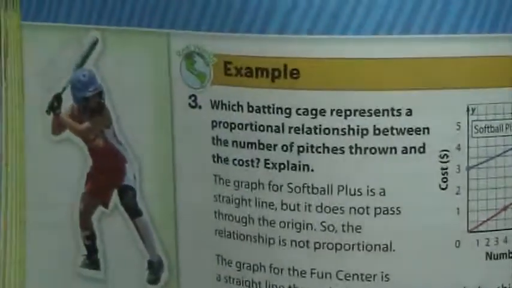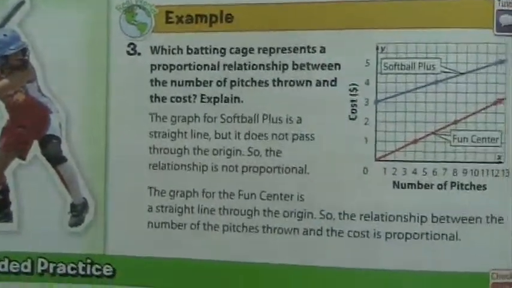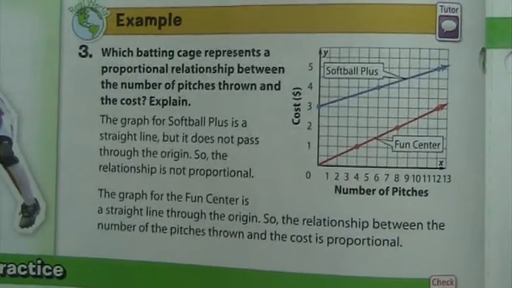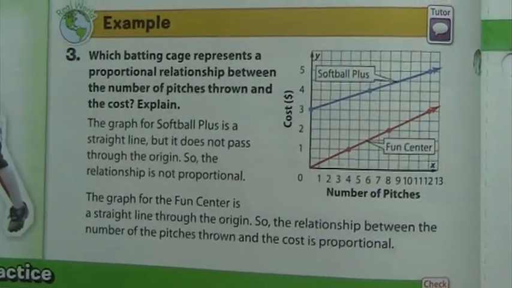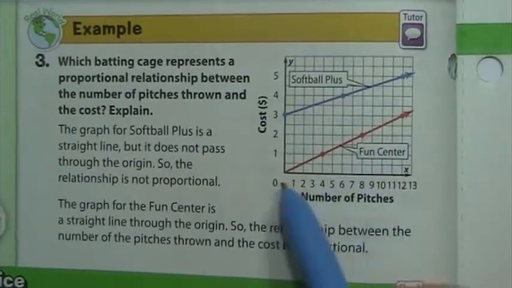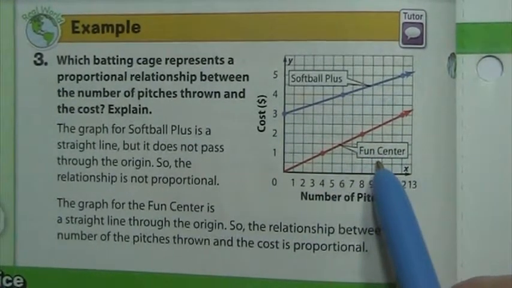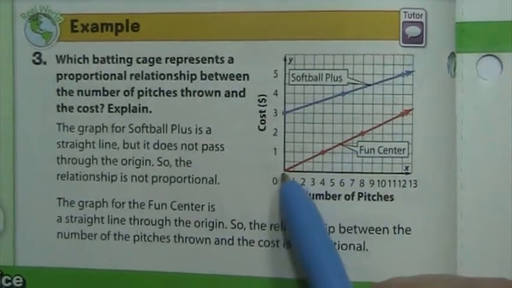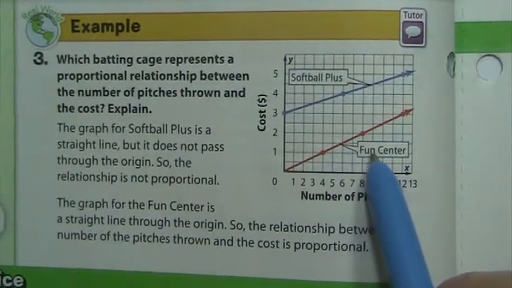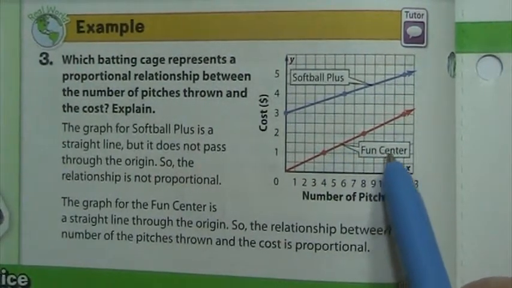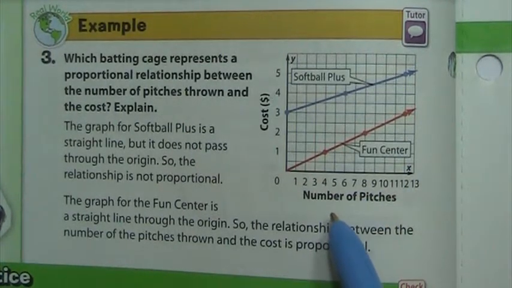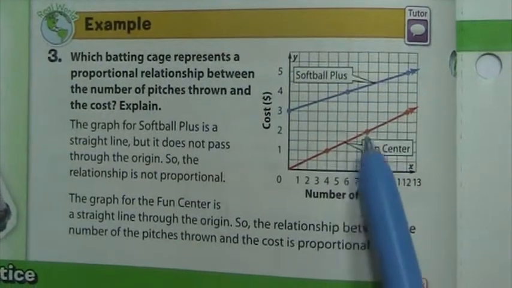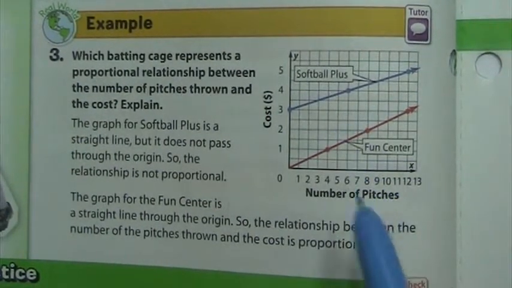So the question is, which one is proportional? That should be obvious to you. This one is proportional, Run Center, because it's a straight line through the origin. You can see that this is the proportional one.